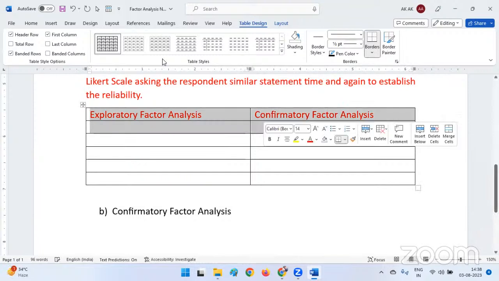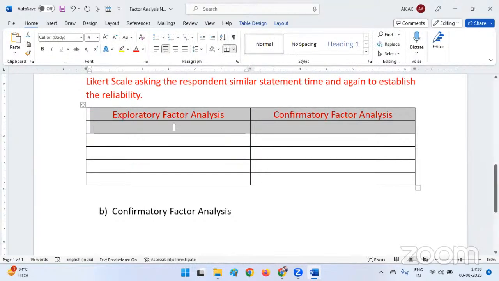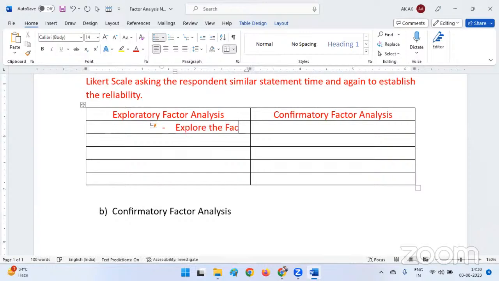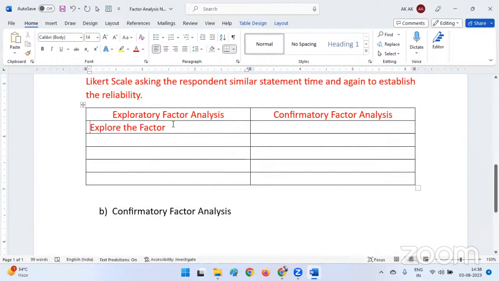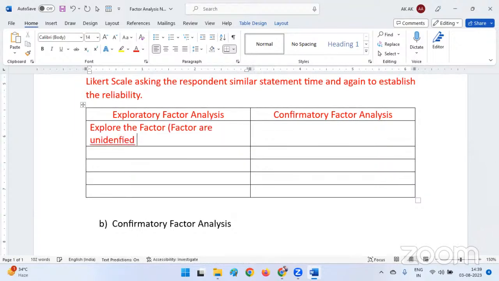Now, when we apply an exploratory factor analysis, we want to explore the factors. Suppose I have, say, 20 variables. Maybe I come up with 4 factors, 5 factors. So in the beginning, the factors are unknown, they are not identified.